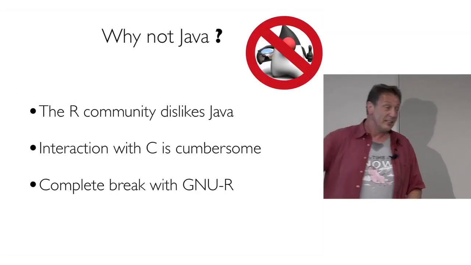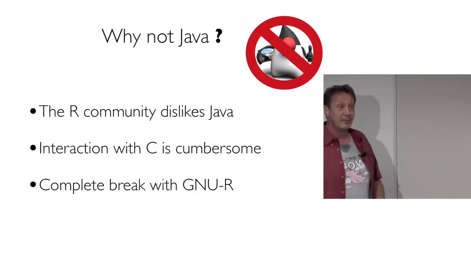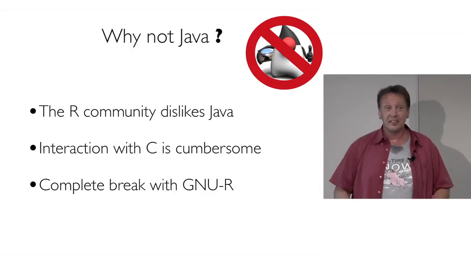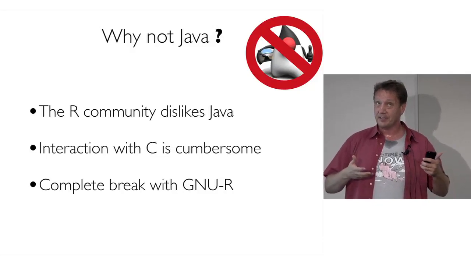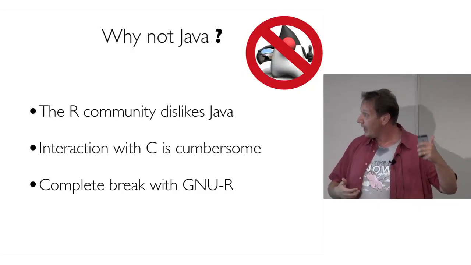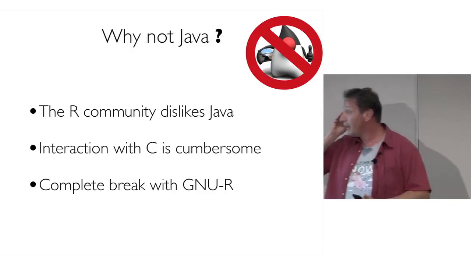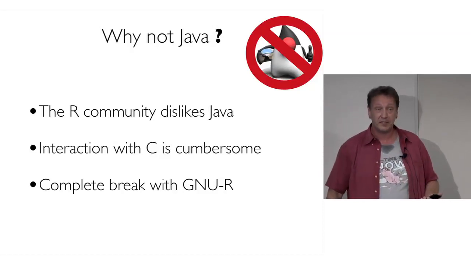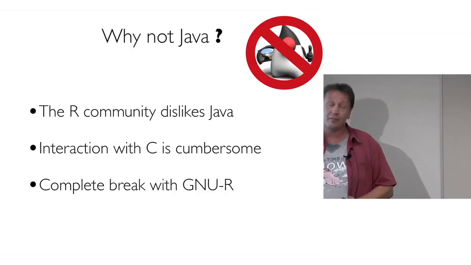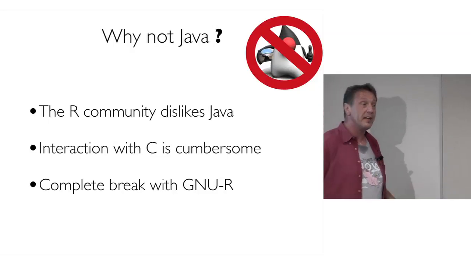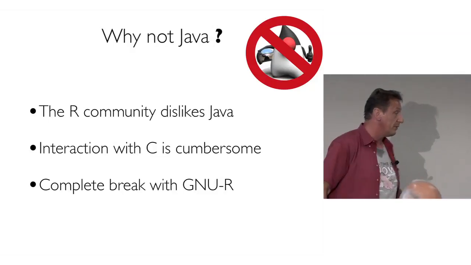Well, because the R community hates Java, right? They've never used it. They think it's complicated. They vaguely understand C, they understand Fortran, and they like R. Interaction with C will not be pleasant, and there's lots of C to be interacted with. And we have to do a complete rewrite. We can't reuse much of the existing implementation.